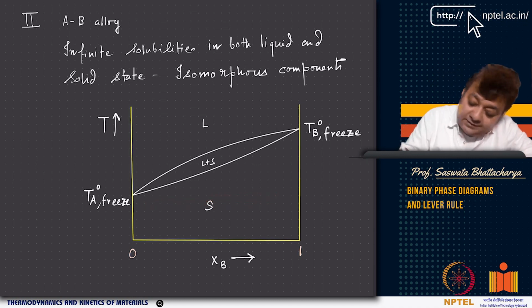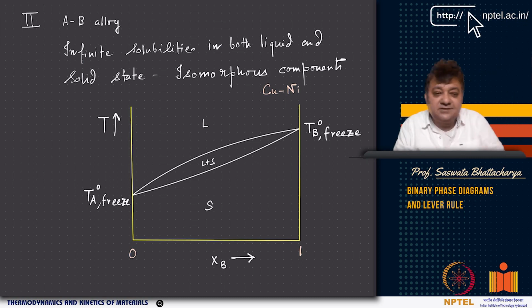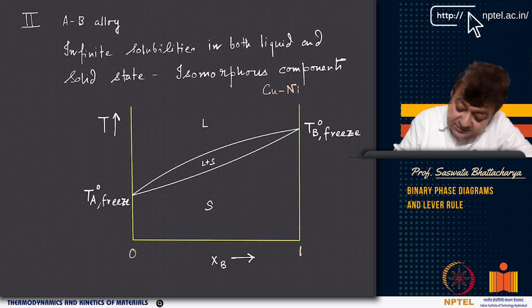For example, you can see them in copper nickel. Copper nickel is one very important example of this type of diagram, where copper and nickel have the same FCC structure, and over the entire composition range they form a liquid solution, or over the entire composition range they form a solid solution, and they are isomorphous.